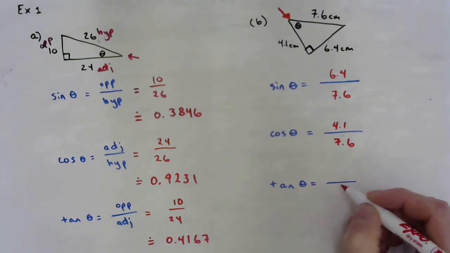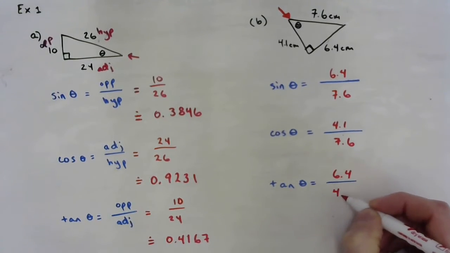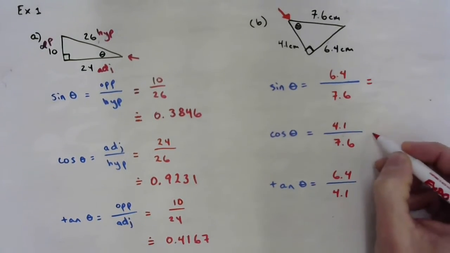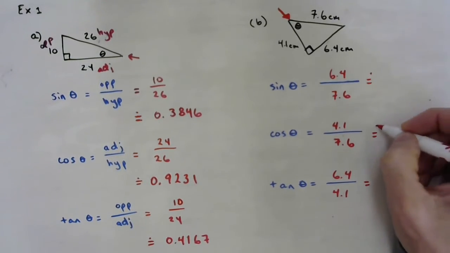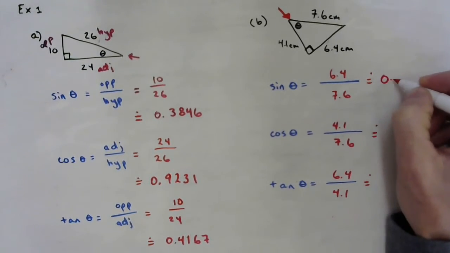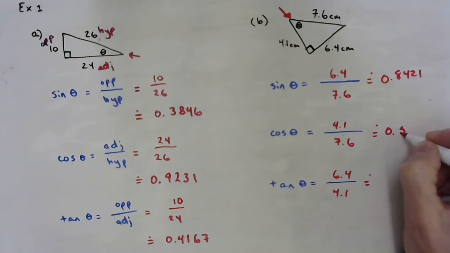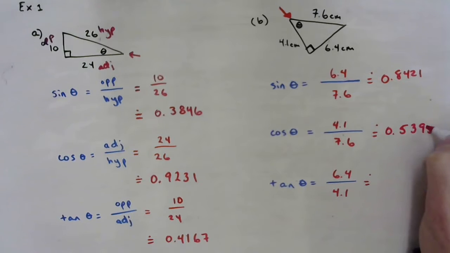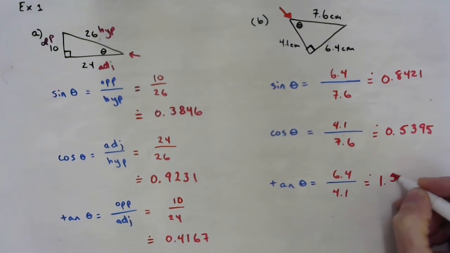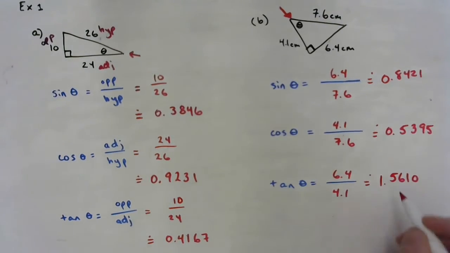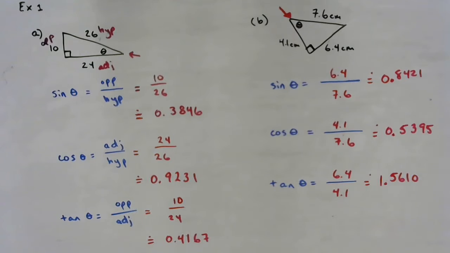And when you're done, you can double check your answers on the board. Rounding to 4 decimal places. Keep lots of accurate information there.